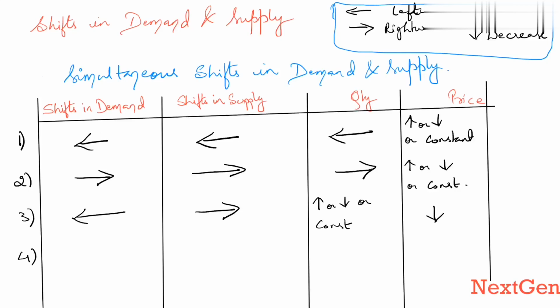Number 4, suppose demand increases and supply decreases, then the quantity may increase or decrease or remain constant or unchanged. Then the price will definitely increase.